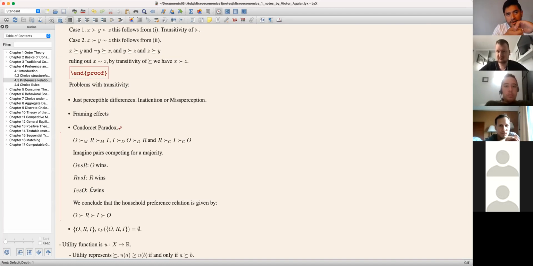Those two axioms interact in mathematical ways such that it's impossible. And hence, if you want to be transitive, I don't know why you would want to be transitive in the first place, but that's the Arrow impossibility theorem in short. He showed that if you want non-dictatorship plus transitivity, then it's impossible.